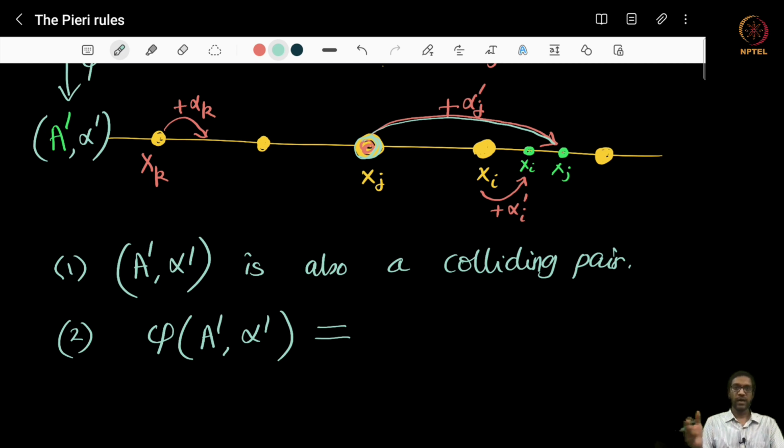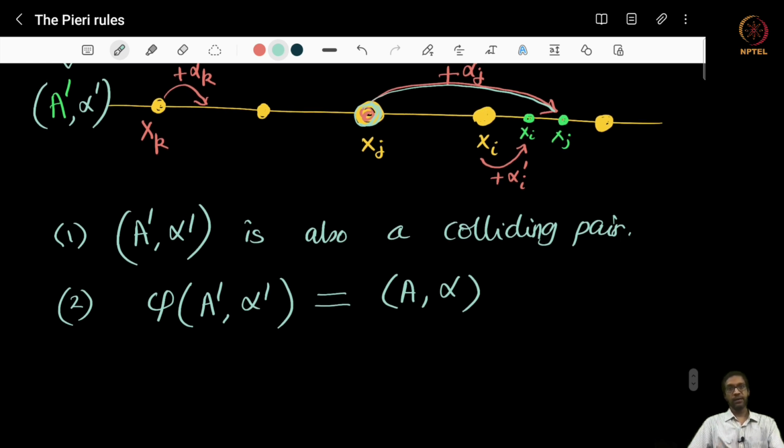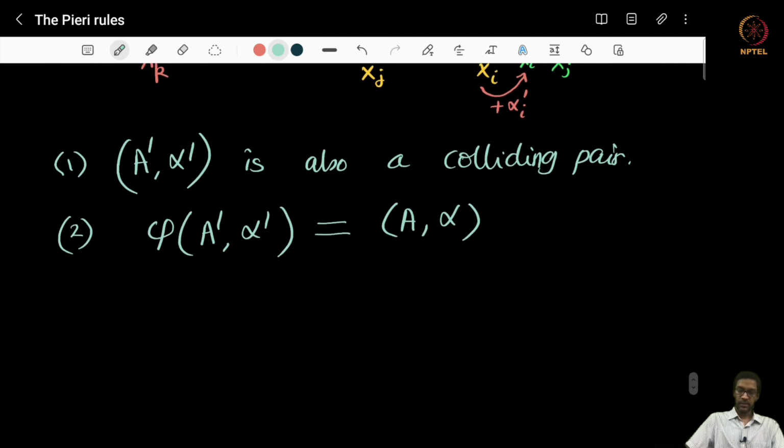I scan from left to right, the first collision whichever I see, I swap the two xi's. Now observe, when I do that, I will of course get back a, alpha, because the operation was very simple: look for the first collision and swap those two that are colliding. So if I start with a, alpha, I will get a prime, alpha prime, and then starting with a prime, alpha prime, I will get back a, alpha. This is what you would call an involution. If you do it twice, you get back to the original.